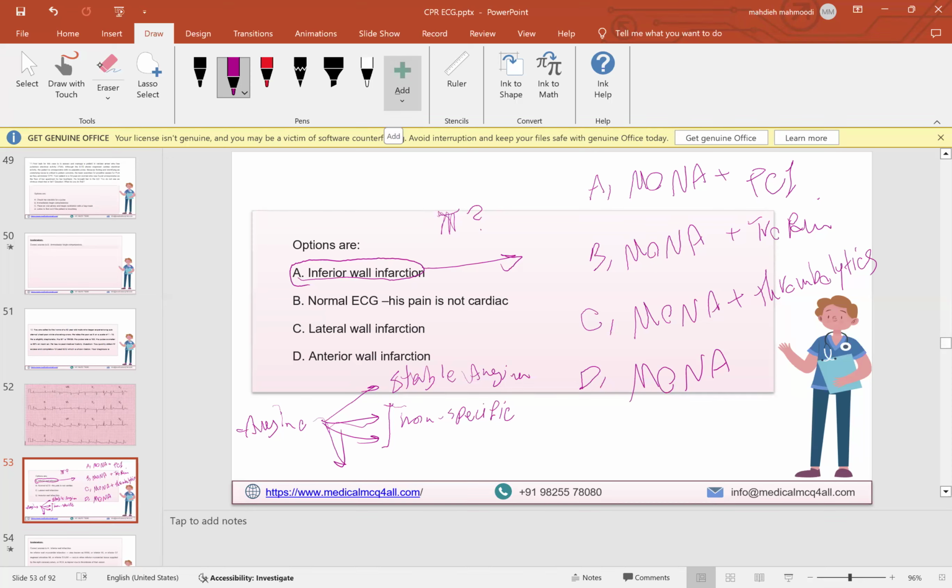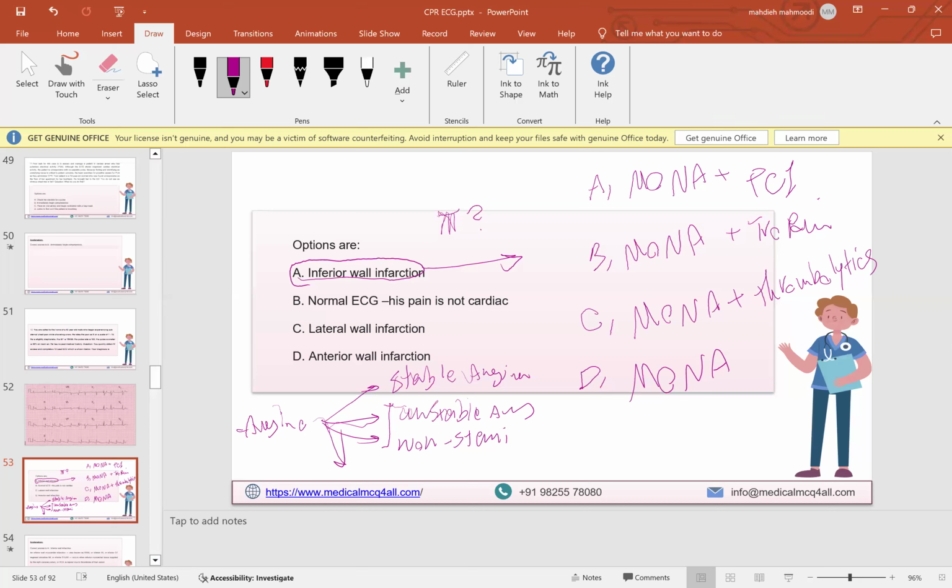One of them is called unstable angina. One of them is called a non-STEMI. Unstable angina is that your patient has a little hypoxia in the heart because of some obstruction in the coronary arteries.